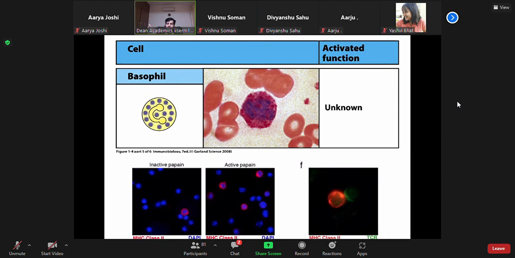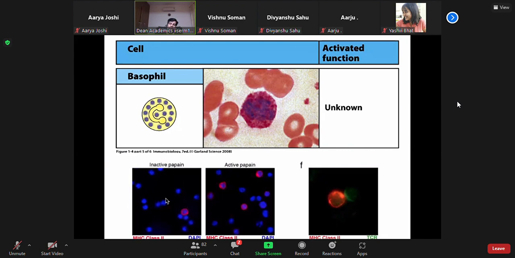Papain is a protein derived from papaya, and it is used as a model antigen. Papaya-derived papain also has enzymatic activity, and you will hear about its function during antibody structure determination, because it can cleave specific residues in the antibody molecule.